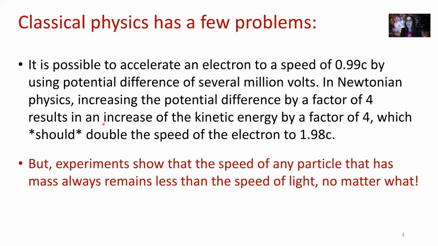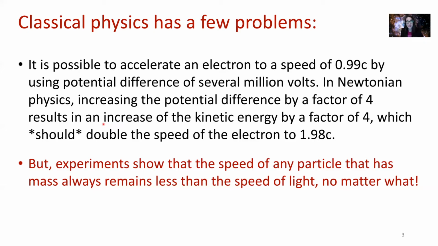So why? Well, we saw earlier in the semester how changing the potential difference that an electron moves through will also change its speed, will increase its speed or decrease its speed depending on how you change that potential difference. Kinetic energy of a classical electron is 1/2 mv squared. So the kinetic energy is proportional to the speed squared.